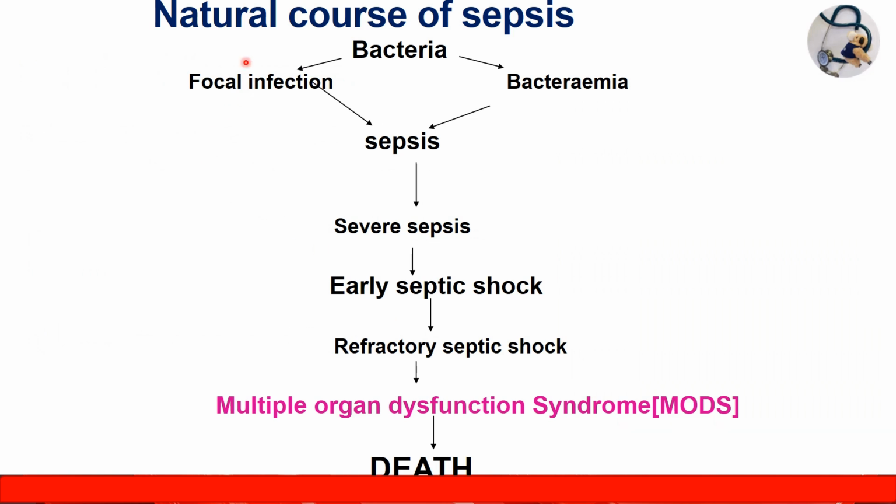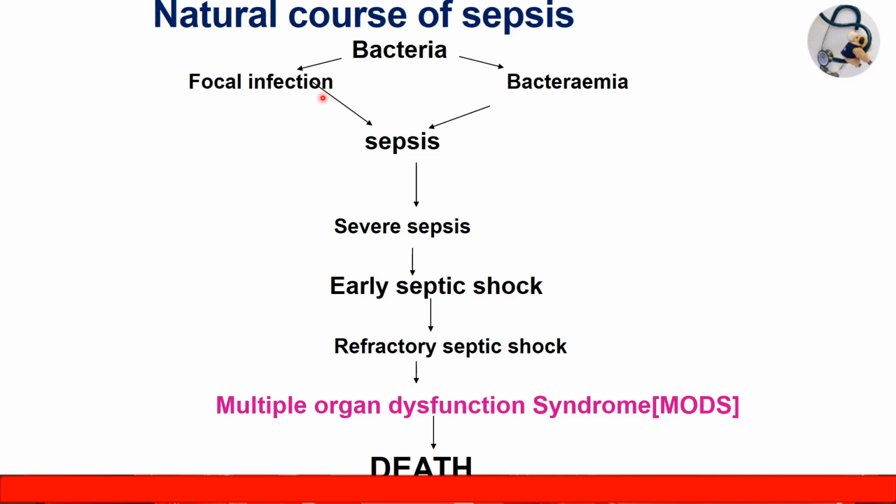Now let's see the natural course of sepsis. Initially there is bacteremia, where the infection invades the bloodstream, or there is a focal infection in some other site of the body, and then ultimately it enters the bloodstream. There will be early features of sepsis followed by severe features of sepsis, ultimately leading to early septic shock, then refractory septic shock, and then multiple organ dysfunction syndrome, leading ultimately to death.